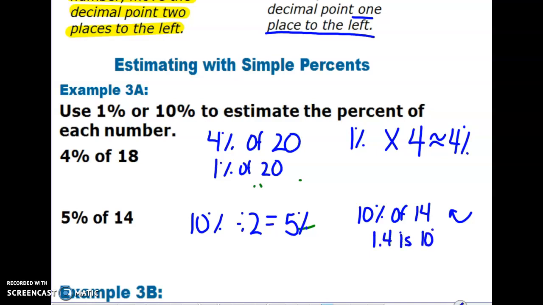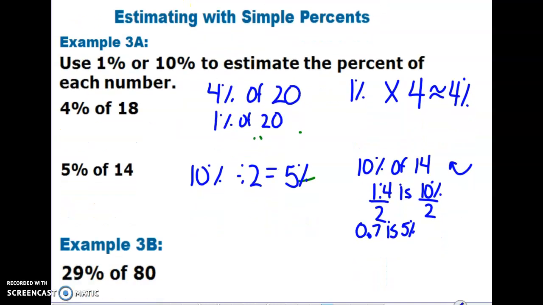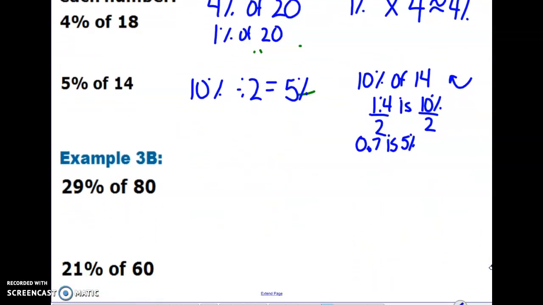To make it 5%, I'm going to divide both of these by 2, kind of like the property of equality. So if I think of it as $1.40, half of $1.40 is 70 cents or 7/10. 7/10 would be 5% of that amount. Okay, to find 29% of 80, once again, I'm going to think 29% is really close to 30%.